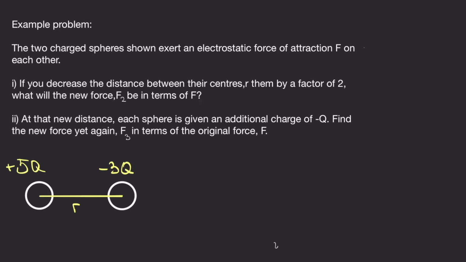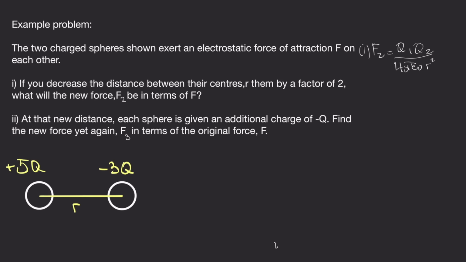Okay, so the equation, I'm going to do part one of this problem over here, is that the new force F2 is simply going to be the product of the two charges, Q1 and Q2, divided by some constants, 4 pi epsilon naught r squared.